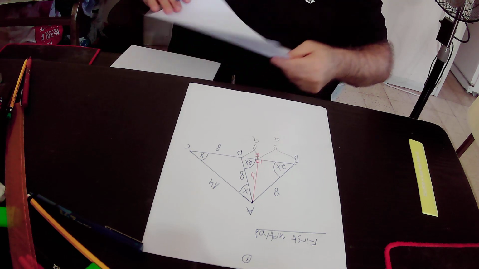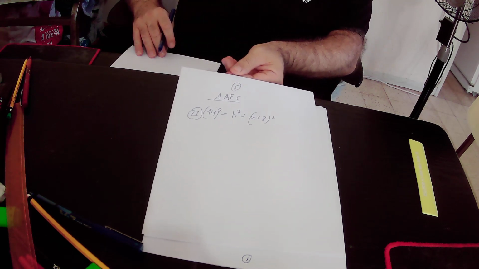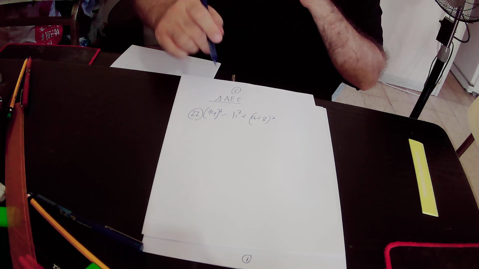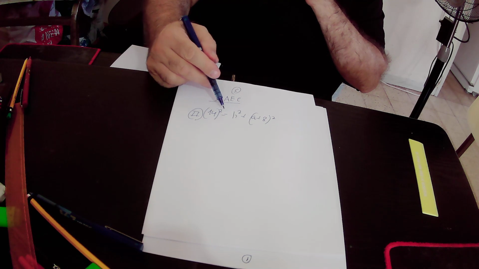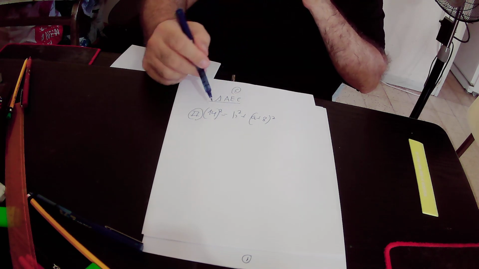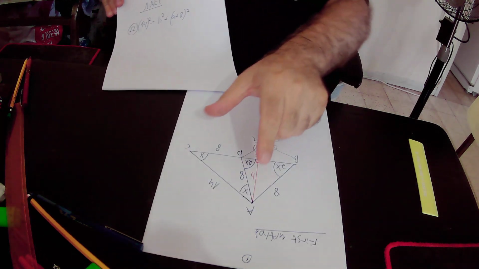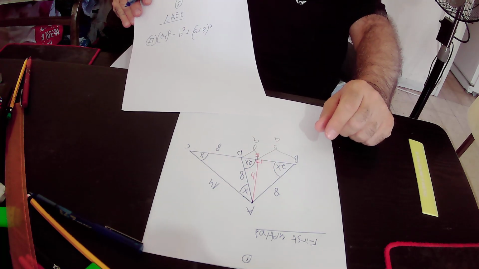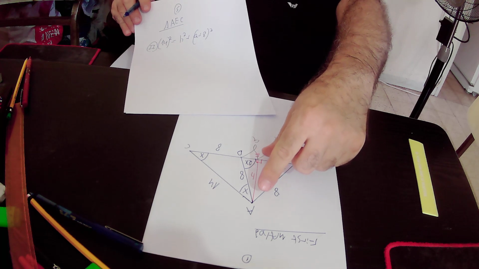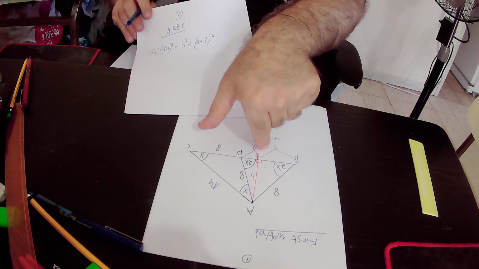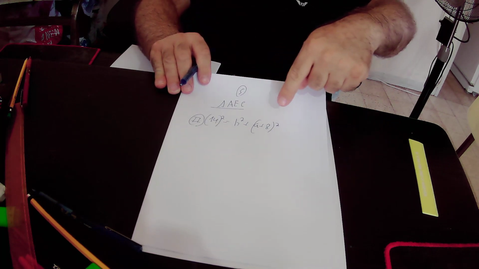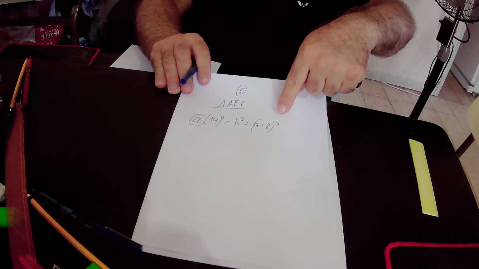Again, in the right triangle AEC, according to the Pythagorean theorem, the square of the hypotenuse, that is 14 square, equals the sum of the squares of the perpendiculars, equals h square plus (a plus 8) square.